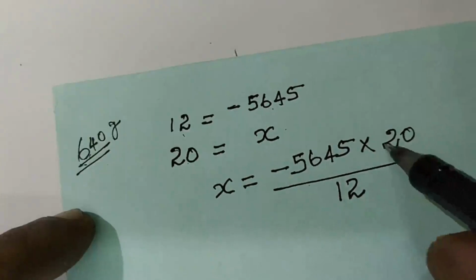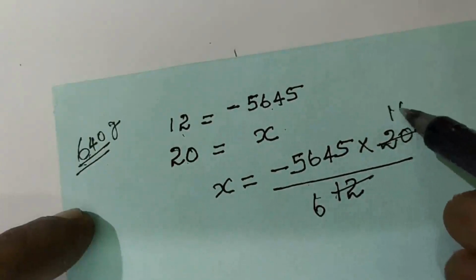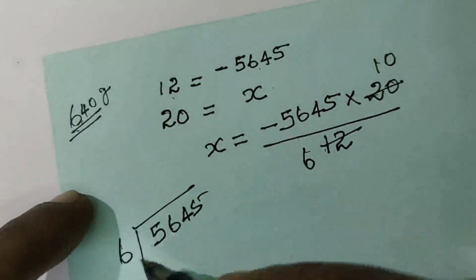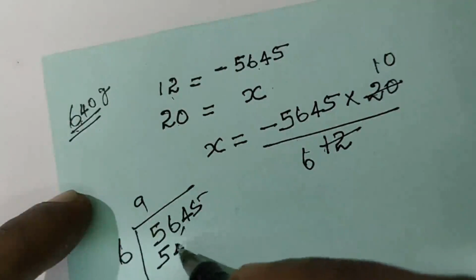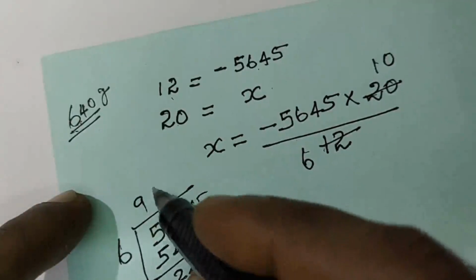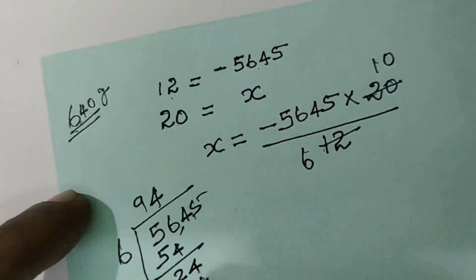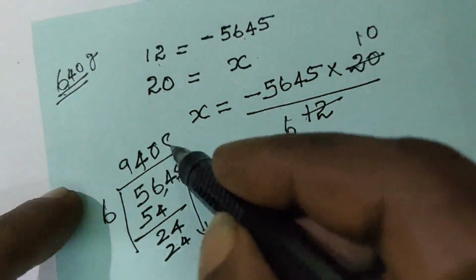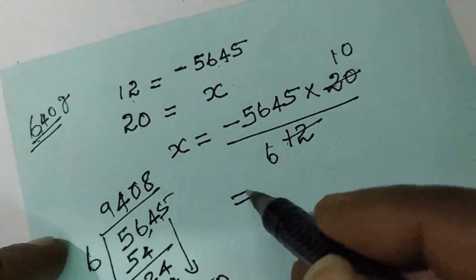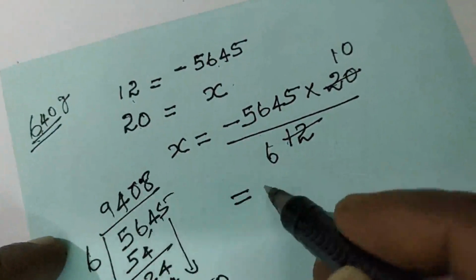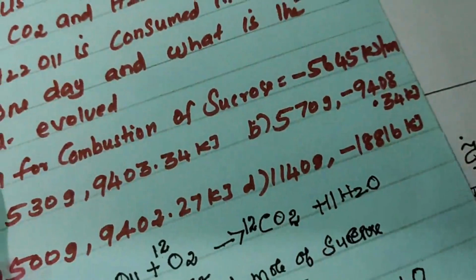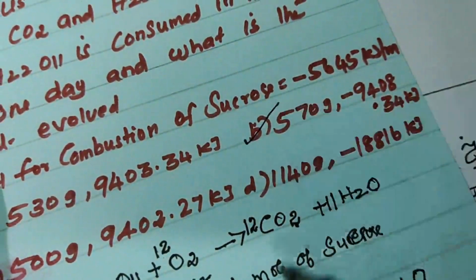Dividing, the answer is minus 9408. So option B is the correct one.